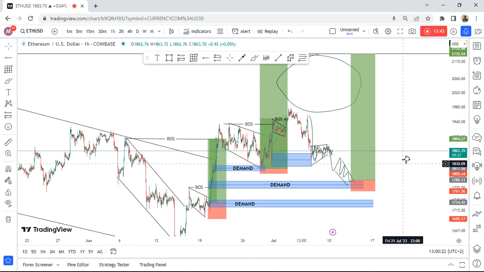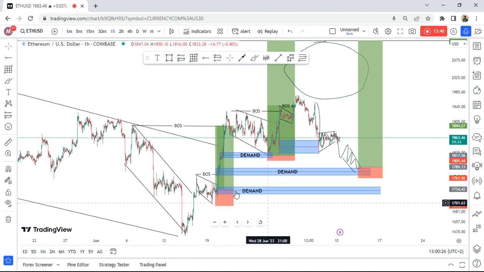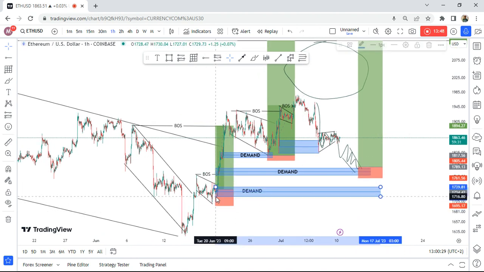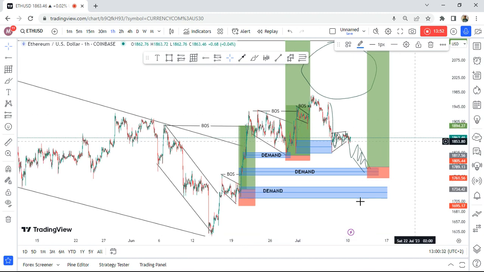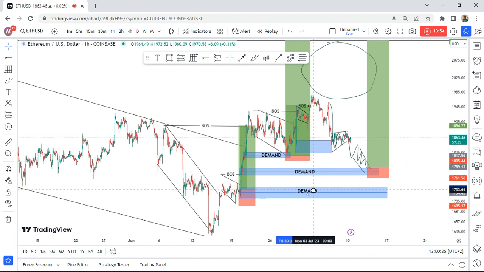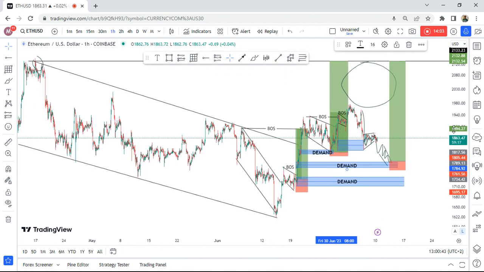So I should always make sure that I apply proper management, to put my stop loss as tight as possible, guys, since we're still leaving another order block below the one that I'm anticipating that the market will mitigate and push to the upside.